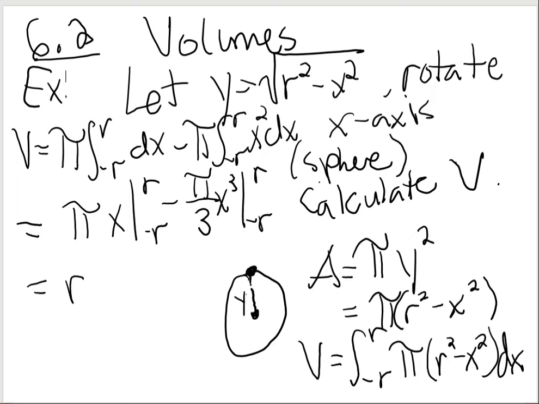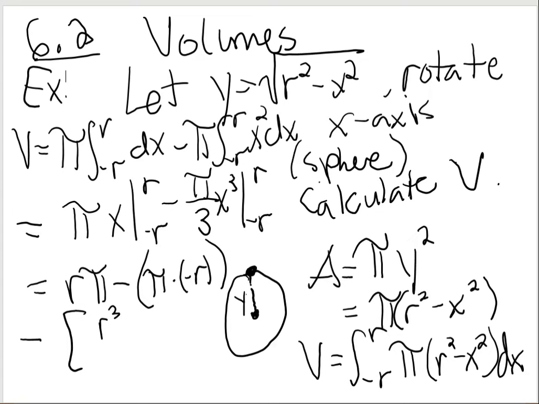This is going to be r pi minus pi times negative r, and then all that minus pi r cubed over 3 minus negative pi r cubed over 3.